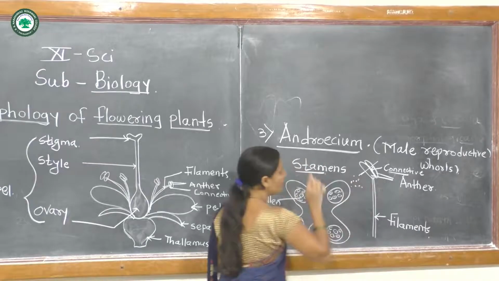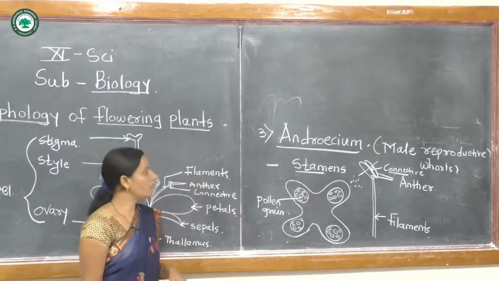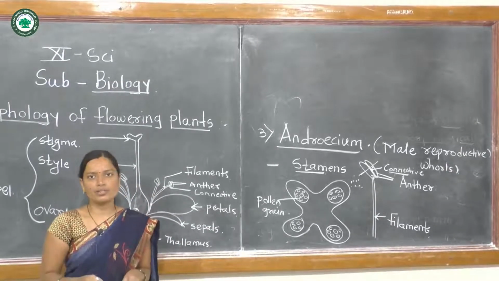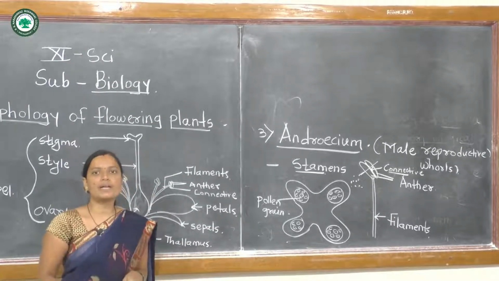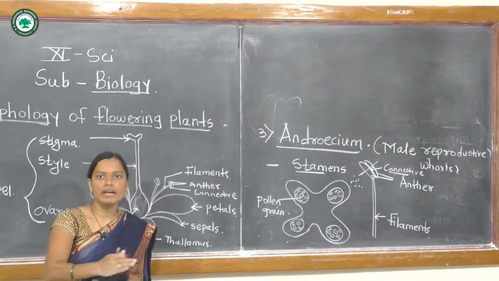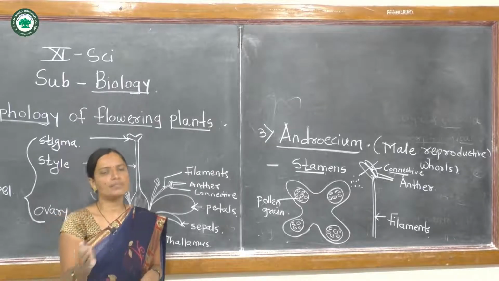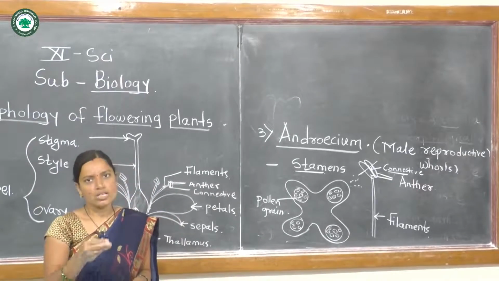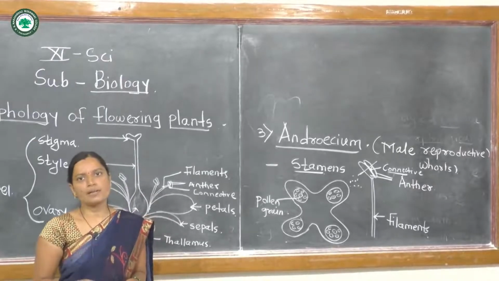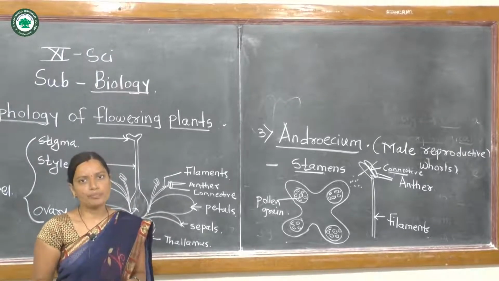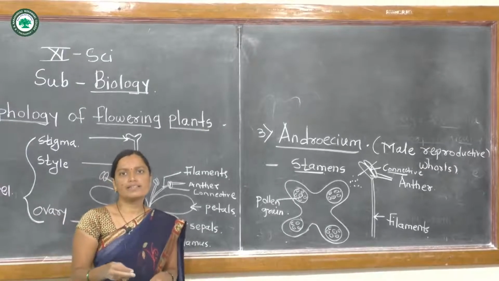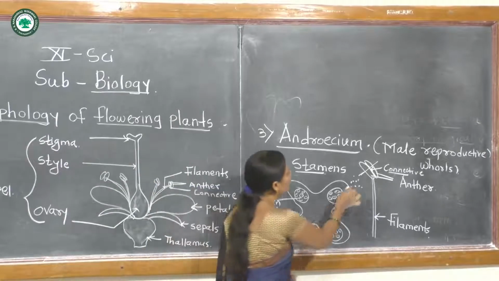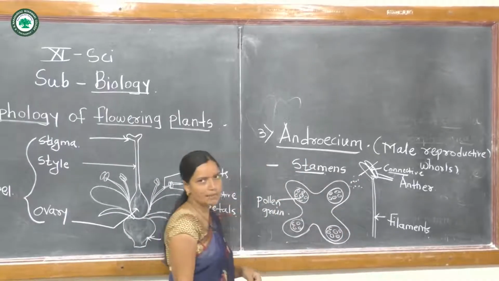Now these pollen grains are spread, and an insect is attracted towards this flower. When the anther is mature and breaks, the pollen grains spread, and the insect visits the flower. The pollen grains stick on the surface or body of the insect, like the wings or some parts like the legs.